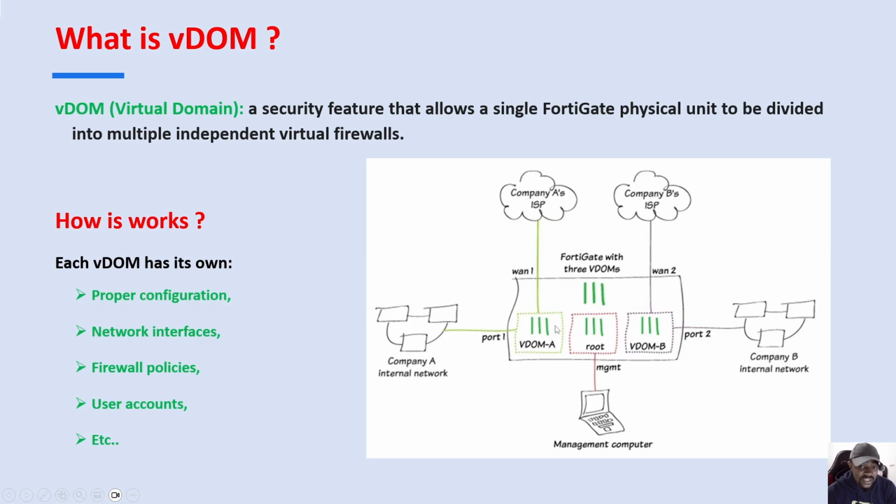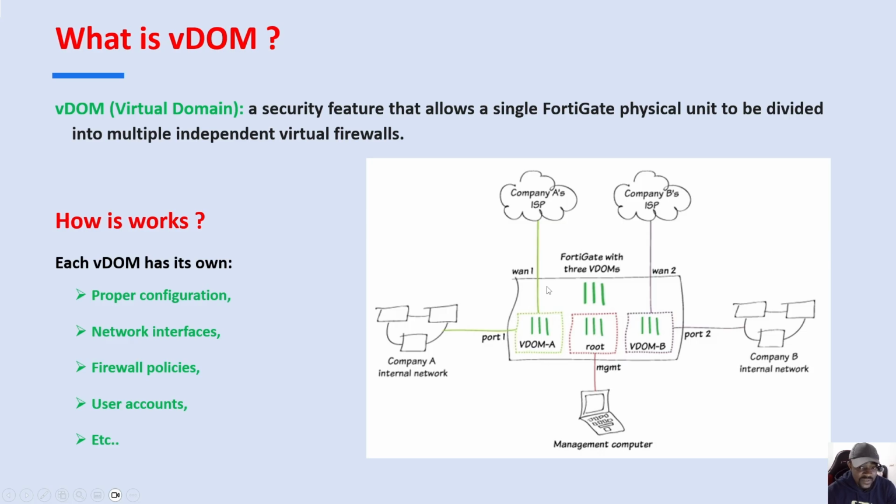As we said, each of these vDOMs is like an independent FortiGate. So each vDOM will have its own configuration, its network interfaces, its firewall policies, user accounts, and you can also, from the physical firewall, share the resources, like the CPU.